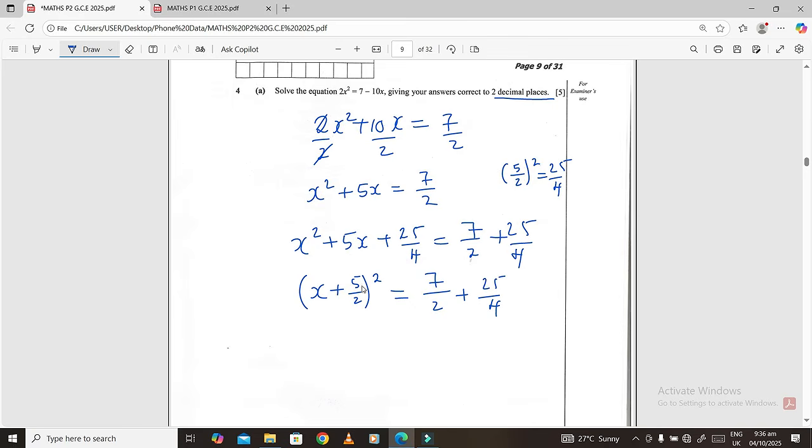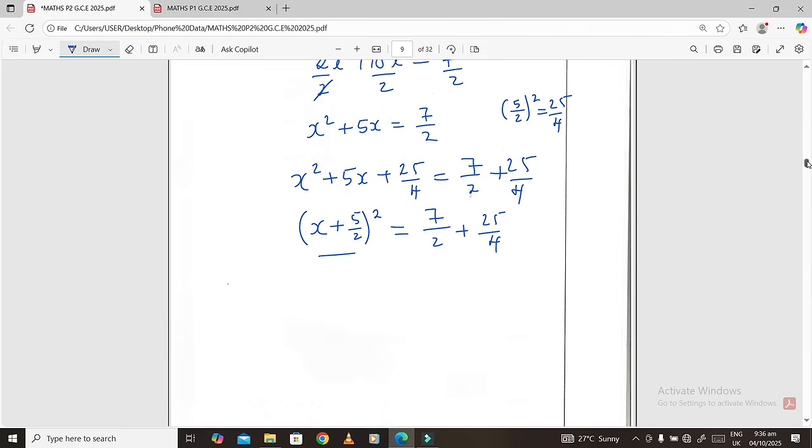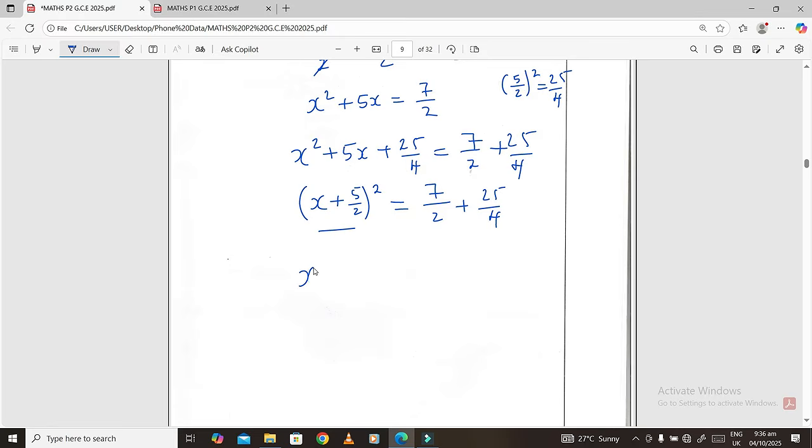So here, this is a perfect square. When you simplify it, it will give you what we have right here. That's what you need to know. So once you do that, we are going to have x plus 5 over 2, power 2, is equal to 4 as the lowest common denominator. 2 into 4 is 4, times 7 is 14, plus 4 into 4, 1, times 25 is 25.